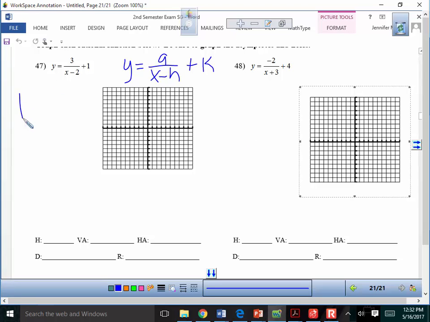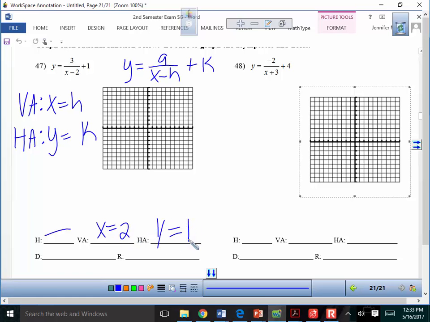Because the vertical asymptote is just x is equal to h, and the horizontal asymptote is just y is equal to k. So there are no holes because we can't cancel anything else out, right? And the vertical asymptote is x equals 2, and the horizontal asymptote is y equals 1. Do y'all remember that?